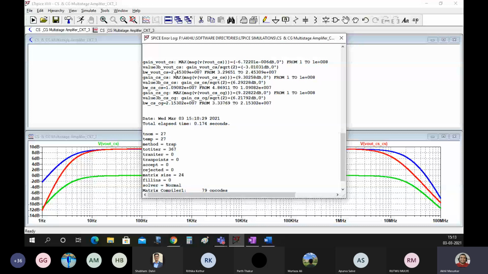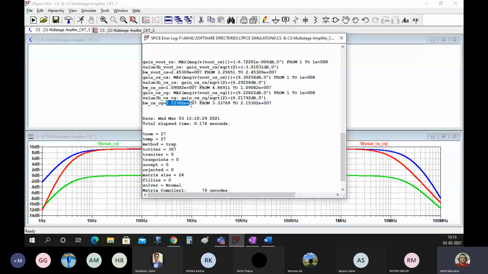Gain wise there is no improvement. Gain wise both are the same. 9.3 and 9.2 are pretty close to each other. But here you should see the bandwidth is 21 megahertz in CS-CG, whereas the bandwidth in CS-CS is just 10 megahertz.